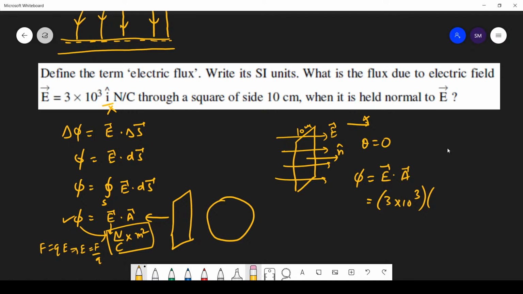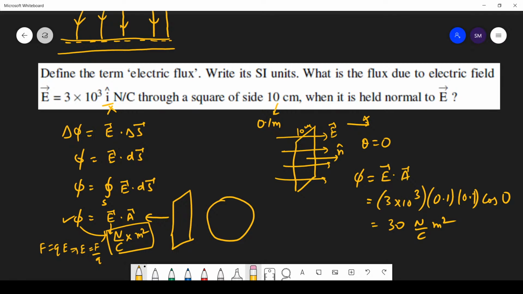We need to change it into SI units, so that is 0.1 meter into 0.1 meter into cos 0. Cos 0 is 1. So 10 raised to power minus 1, 10 raised to power minus 1, 10 raised to power 3. So here we get 10 raised to power 1, which is equal to 30 Newton per Coulomb meter square.